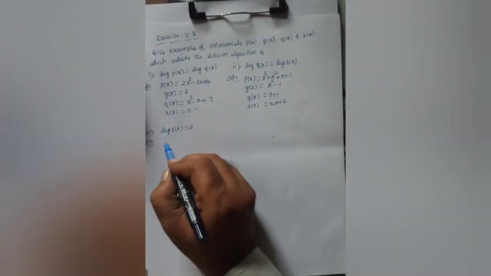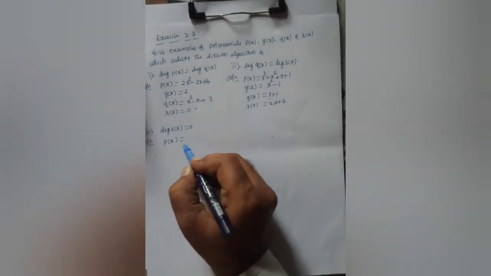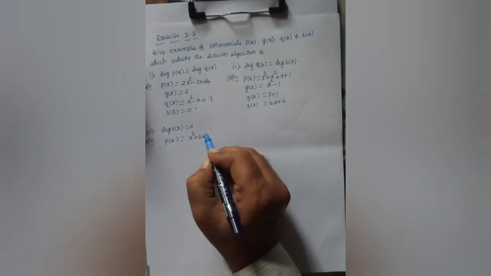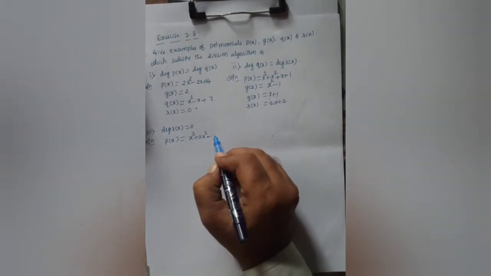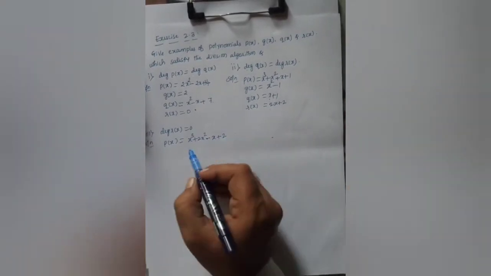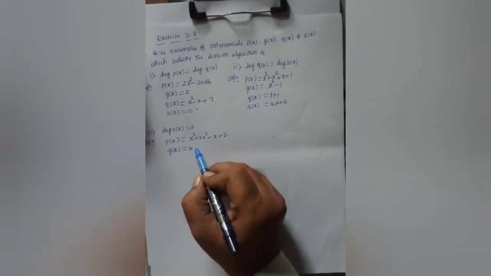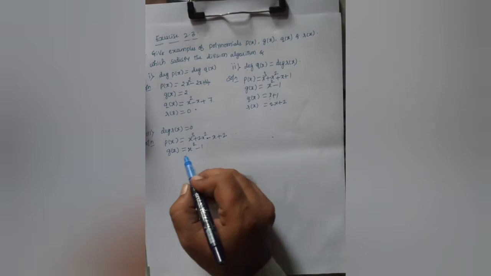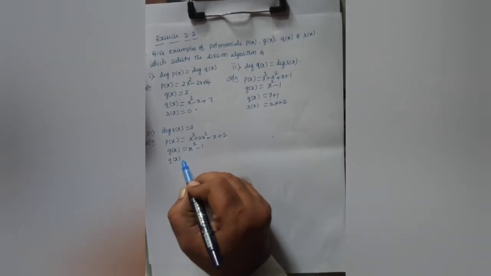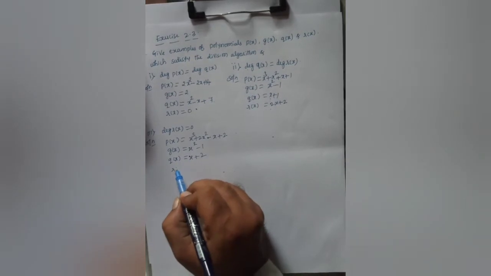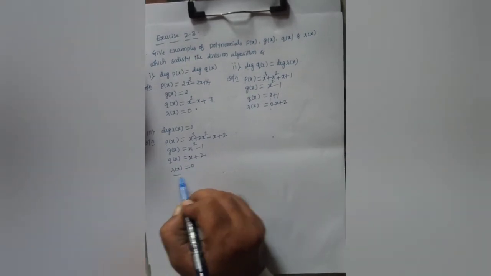Solution. p of x, the dividend, is equal to x cube plus 2x square minus x plus 2, and g of x, the divisor, is equal to x square minus 1. So q of x will be x plus 2, then r of x will be equal to 0.